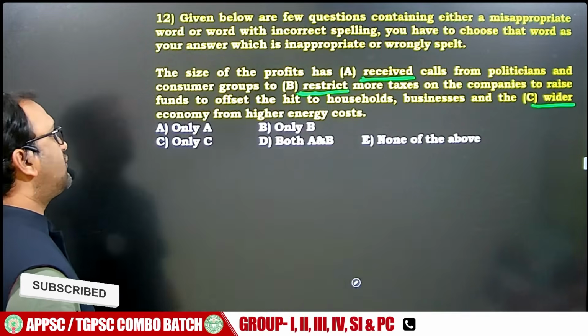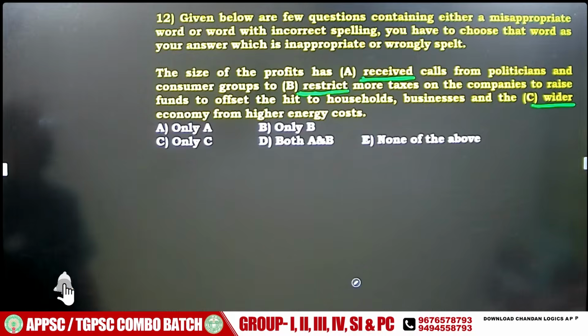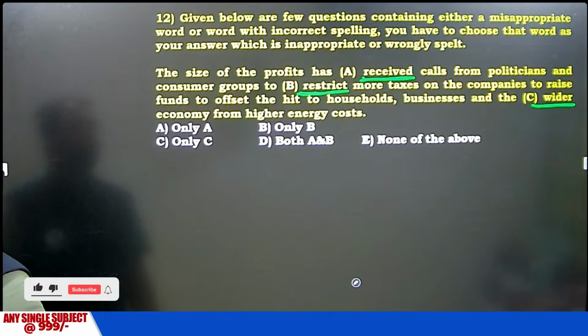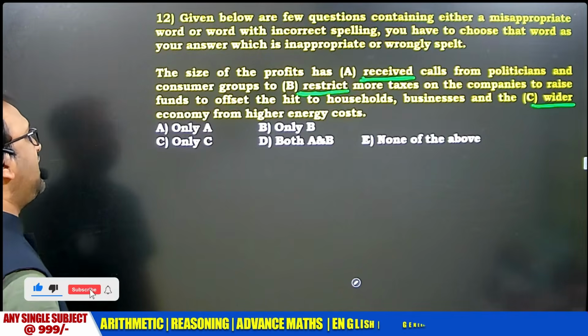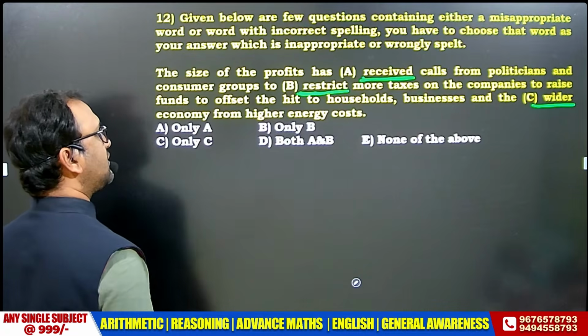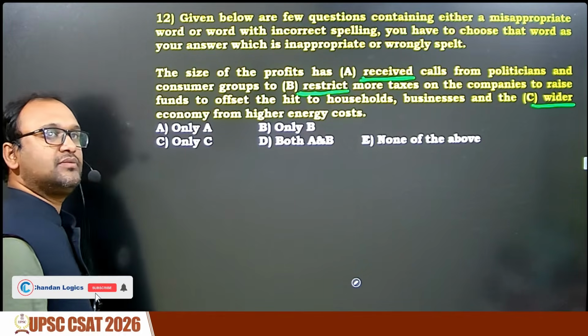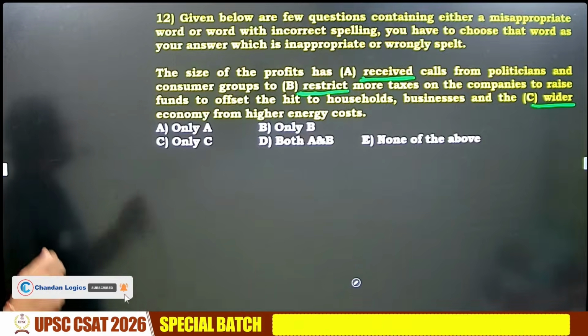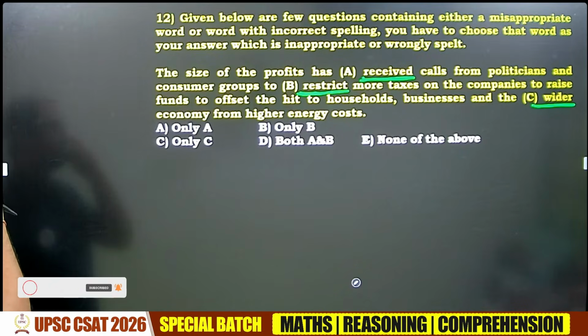The size of the profits has received calls from politicians and consumer groups. What is this meaning? The size of the profits has received calls. Which calls? Phone calls? What are you trying to say? What is the meaning of the sentence?